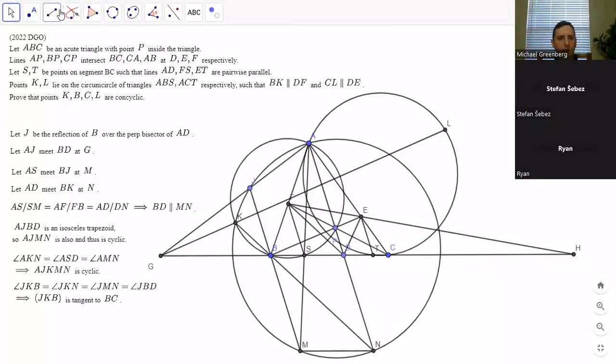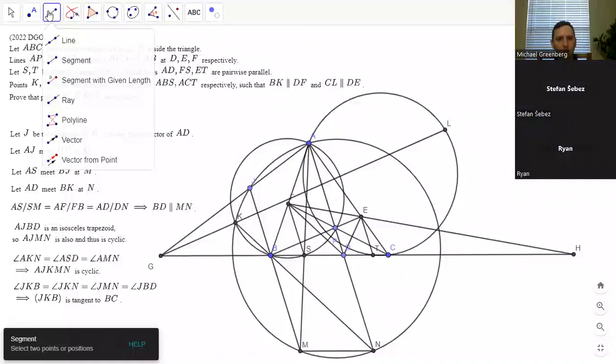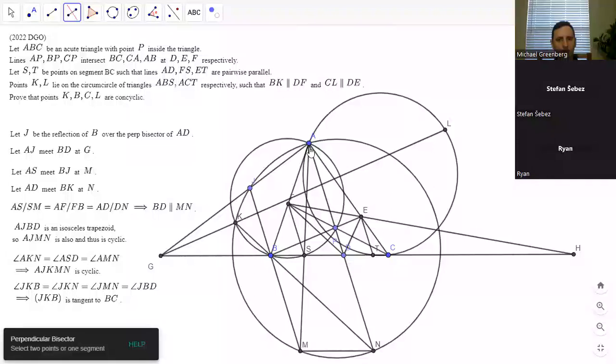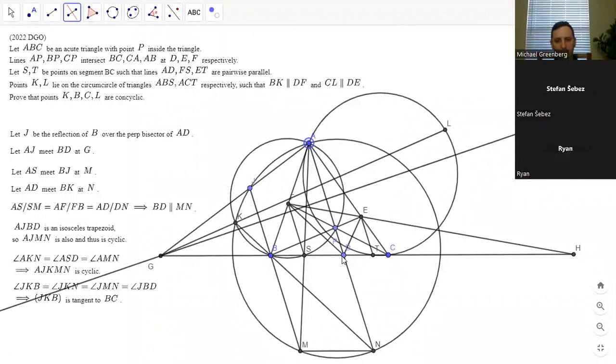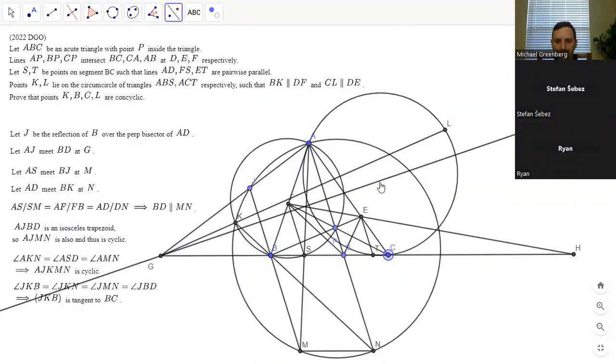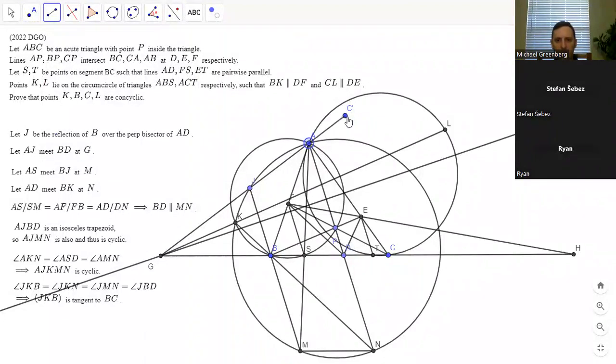Okay, so we draw the perpendicular bisector, maybe. And we reflect C over it. That's C prime.